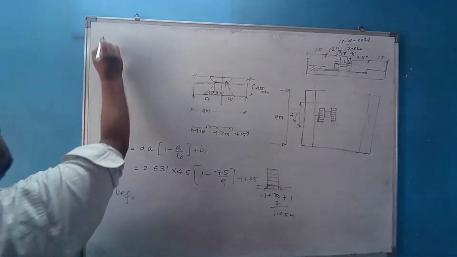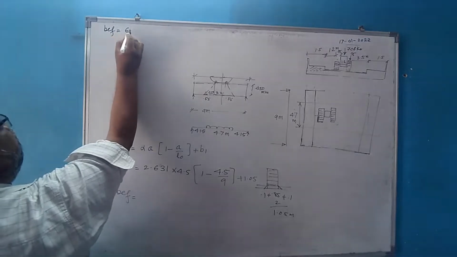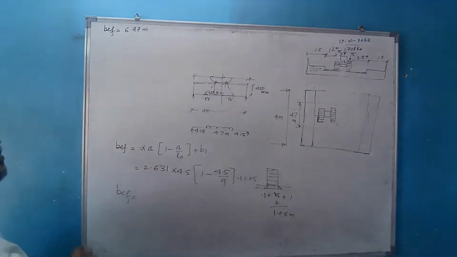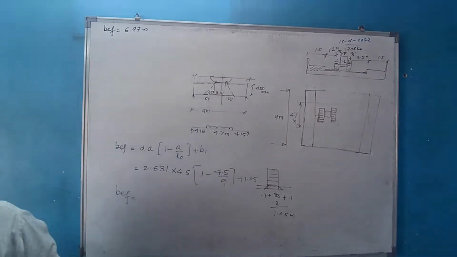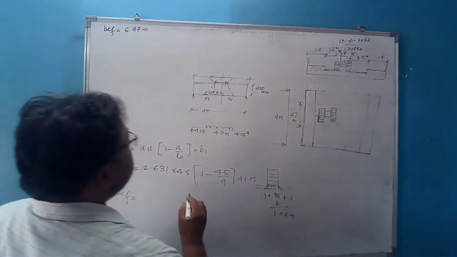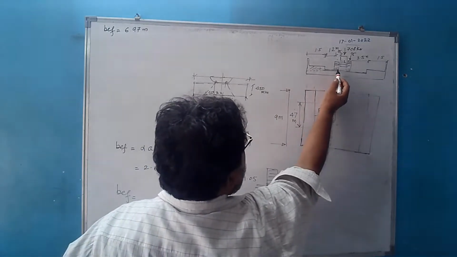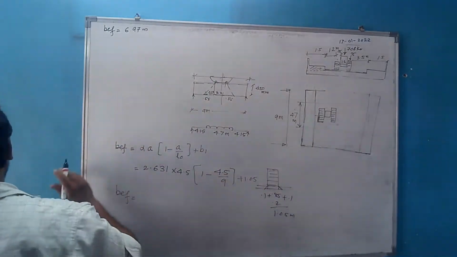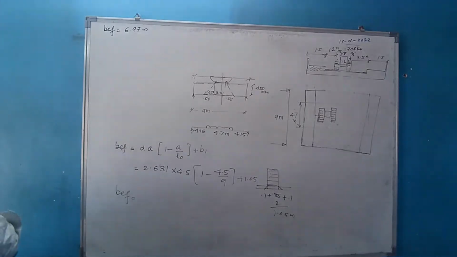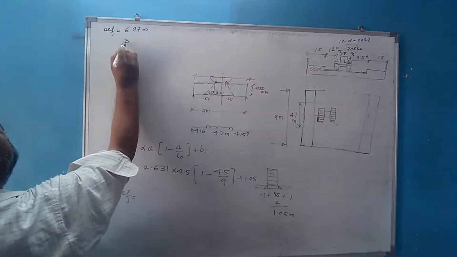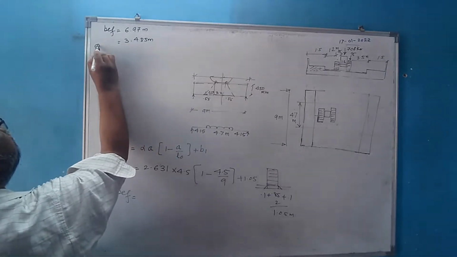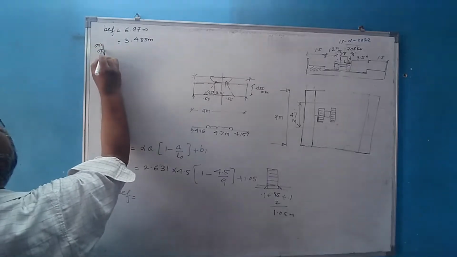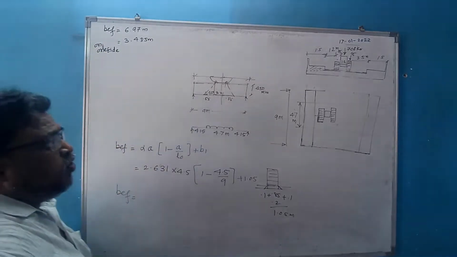If I consider B effective equal to 6.97 meter, 6.969, then on one side of this wheel, the effect of this load will be 3.485 meters on one side, from the center of this load.